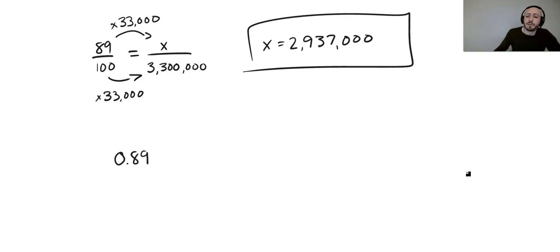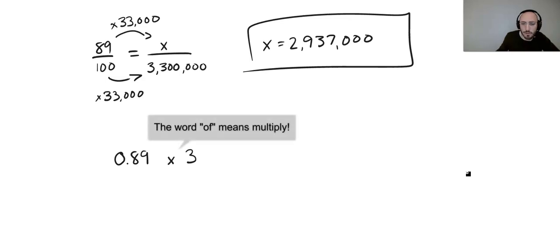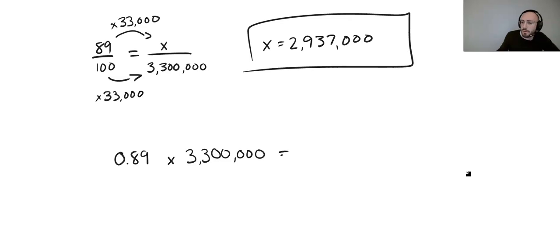And so if I know that this sample is representative of the population, well, then it would make sense that 89% of this total population gives me the number that I'm looking for. Gives me my x value.